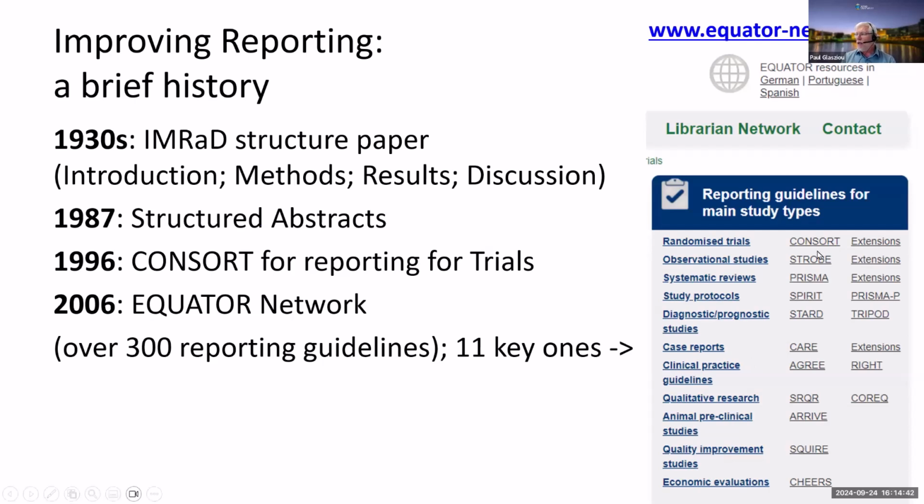But there are so many now that they produce this list of the major guidelines like CONSORT, STROBE, PRISMA, SPIRIT, STARD, CARE, AGREE, etc., and also the extensions. So Tammy would be very fond, for the randomised trials at least, of the TIDieR extension, which she led, which talks about how to describe the intervention. So there's a whole series of extensions in addition to those key guidelines.